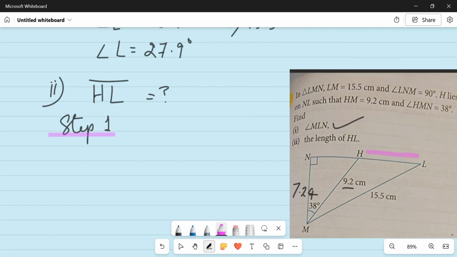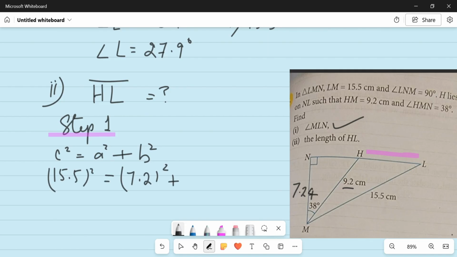Step number 1: with the help of Pythagoras theorem, c square is equal to a square plus b square. C square is 15.5, given in the diagram. A square is 7.24. We need to find the base, so b square is 15.5 squared minus 7.24 squared, which is 188.4.